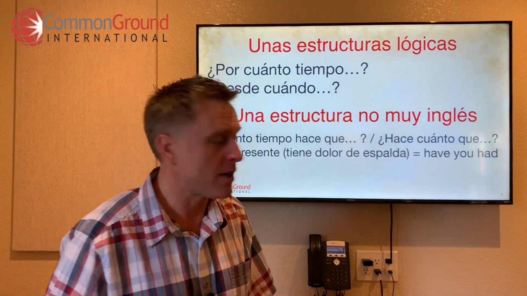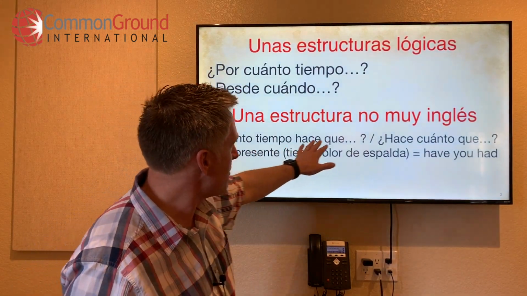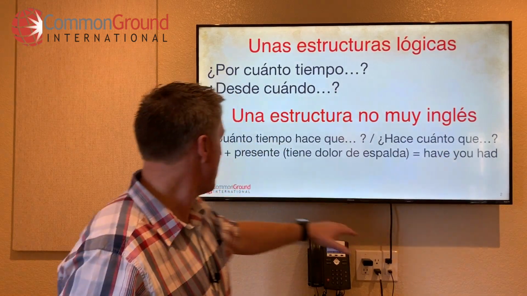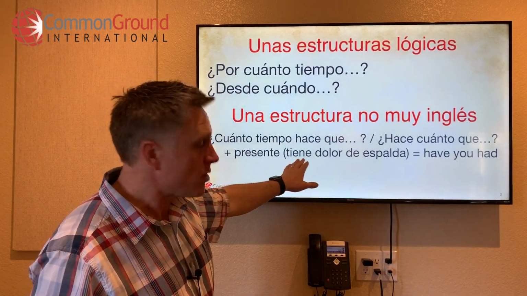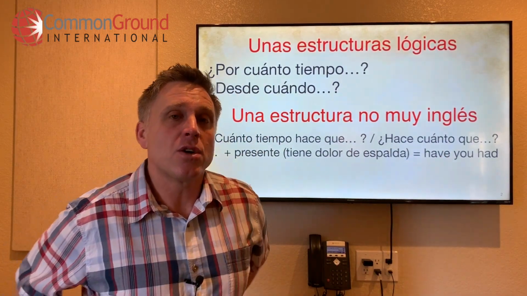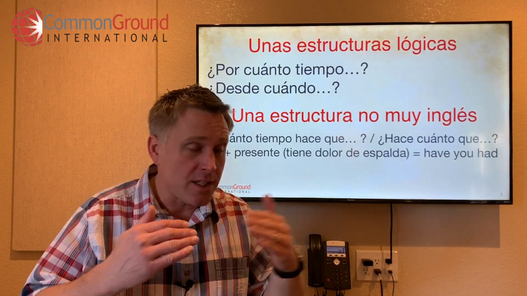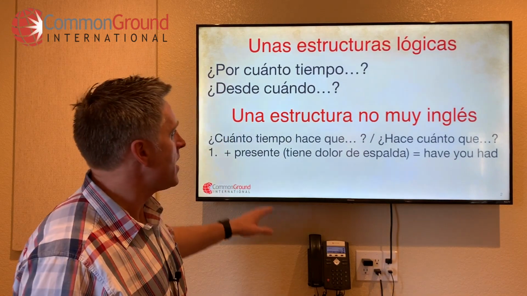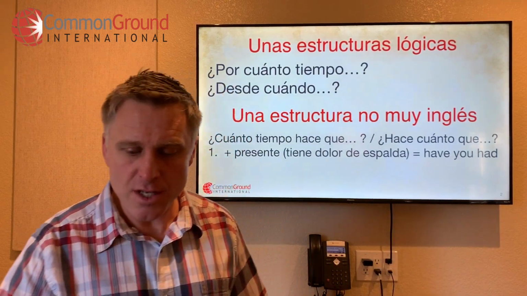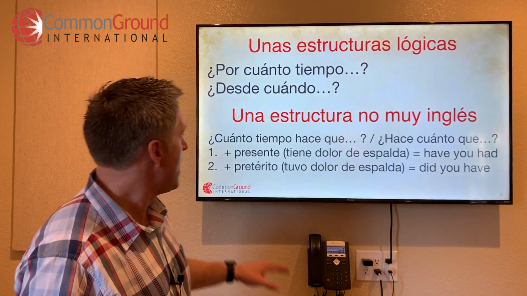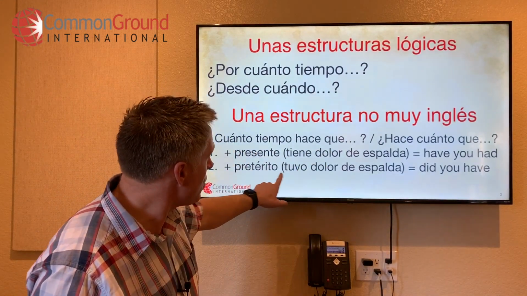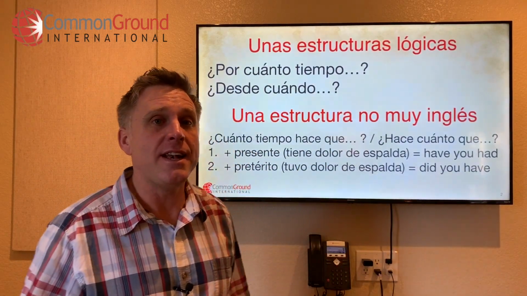So take a look. When you have this structure, cuánto tiempo hace que or hace cuánto que, with presente, tiene dolor de espalda, essentially it's how long have you had back pain, and it continues today. However, si usas con el pretérito, cuánto tiempo hace que tuvo dolor de espalda, now it's ago.